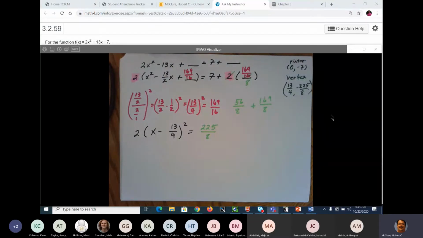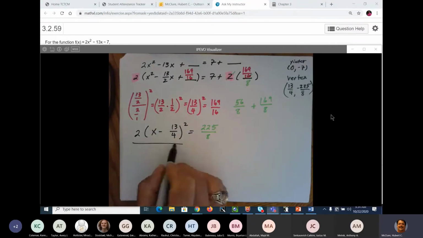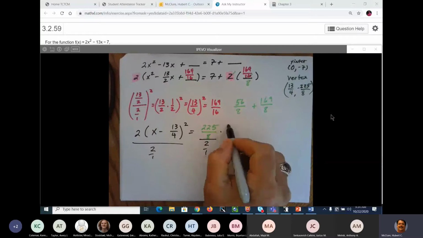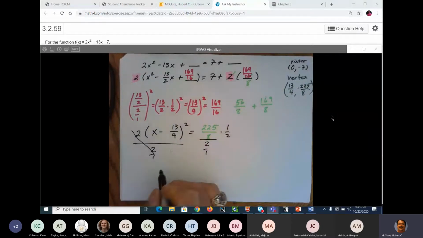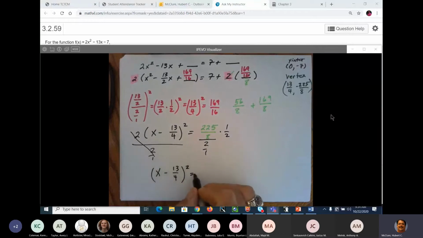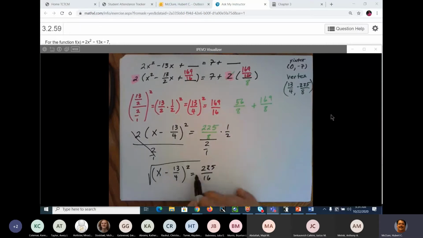And I'm going to keep on going. I'm going to divide by 2/1, which means I'm going to multiply by 1/2. x minus 13/4 quantity squared is equal to 225 over 16. Take the square root of both.